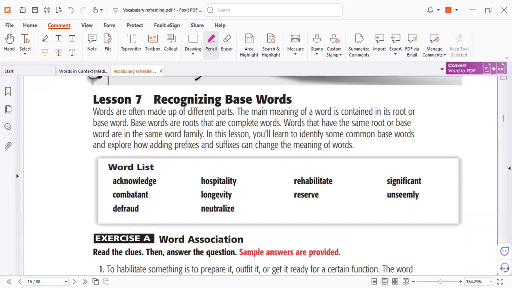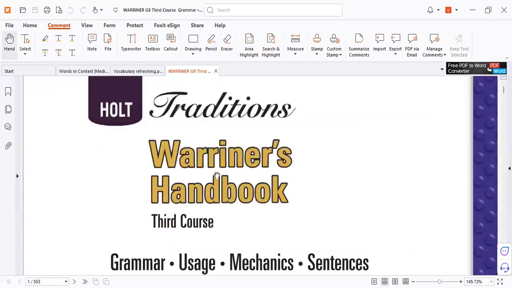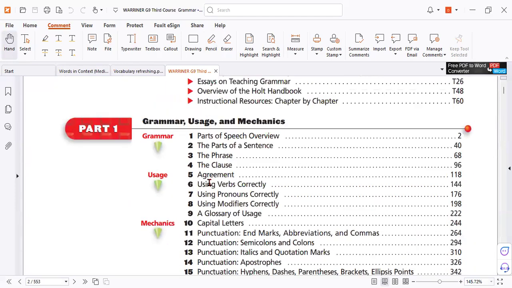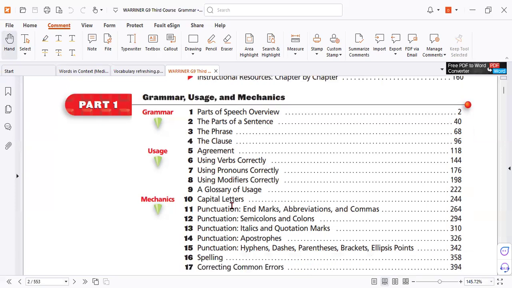And now where have we stopped in grammar? Remember where? Did we finish the agreement? I think we finished the two modifiers. No. Where have we stopped?